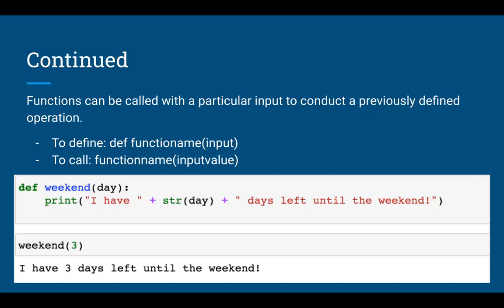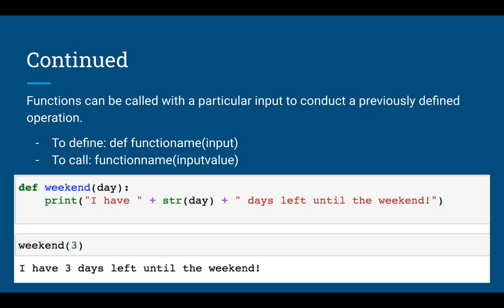So to define it, you can use def, and then whatever your function name is, your input value, and then write out underneath what exactly that function is. And then when you want to call it later, if it's already been defined, you can just have that function name and that input value.